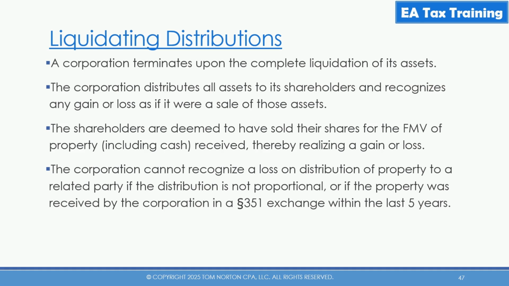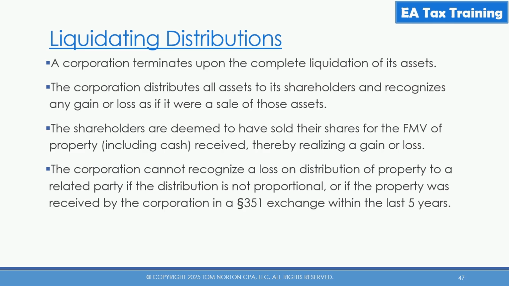The shareholders are deemed to have sold their shares in the company for the fair market value of the property that was received, thereby realizing a gain or loss. The corporation cannot recognize a loss on distribution of property to a related party if the distribution is not proportional or if the property was received by the corporation in a Section 351 exchange within the last 5 years.